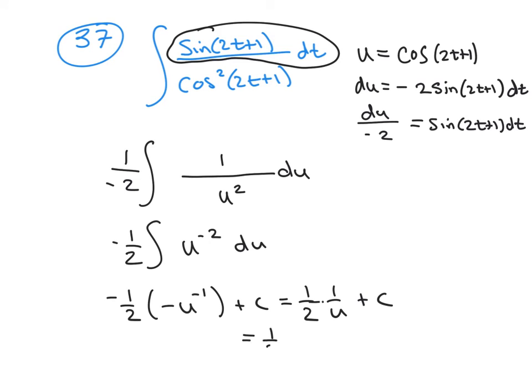So this is 1/2 times 1 over cosine of 2t plus 1 plus c, and this would be 1/2 secant of 2t plus 1 plus c.